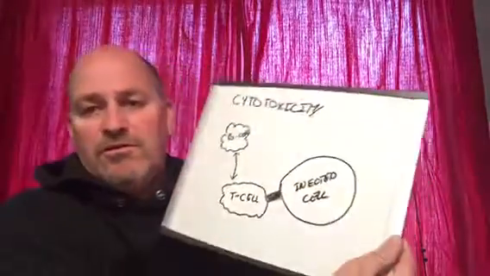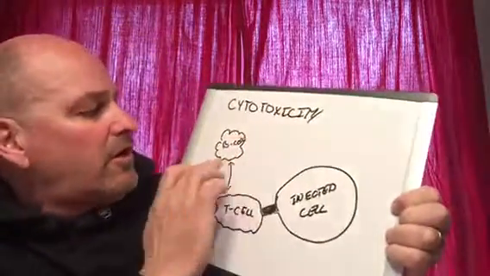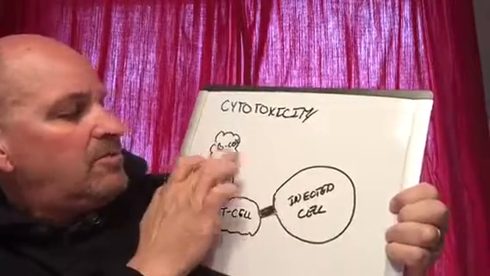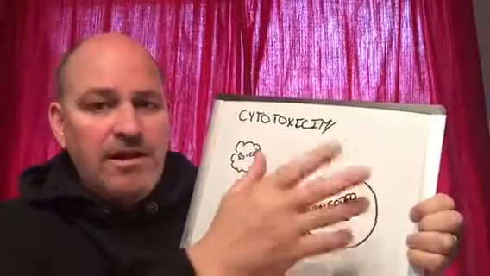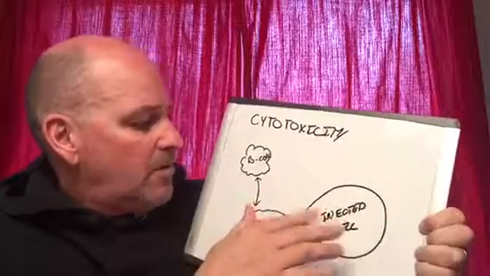In the last episode, we talked about the very basic functions of white blood cells, the 5 white blood cell lines, and we talked about cytotoxicity. So just to review, cytotoxicity is when the B cells are out doing the scanning and all the monitoring.